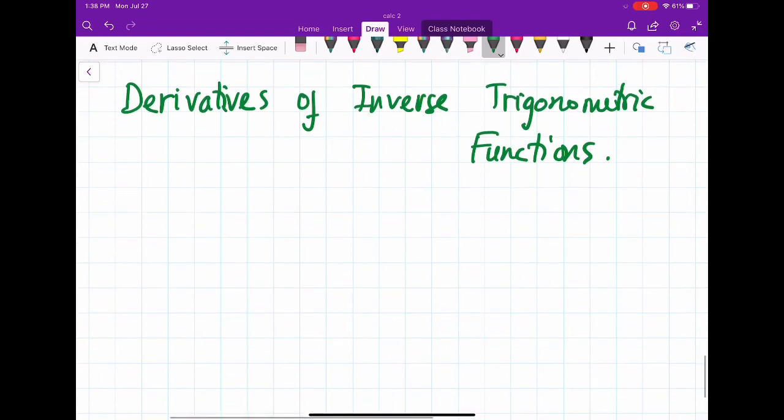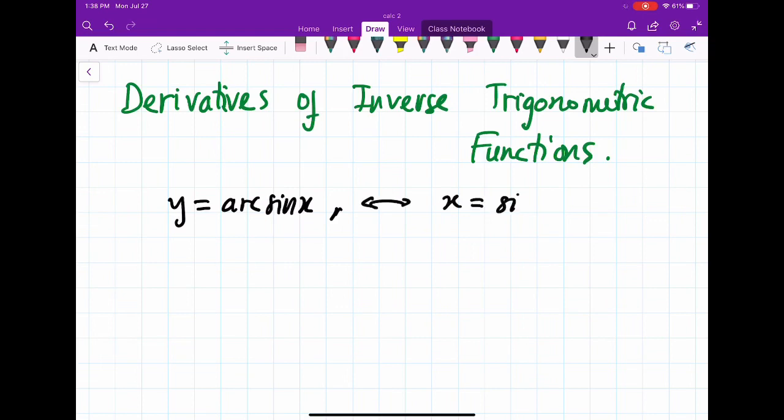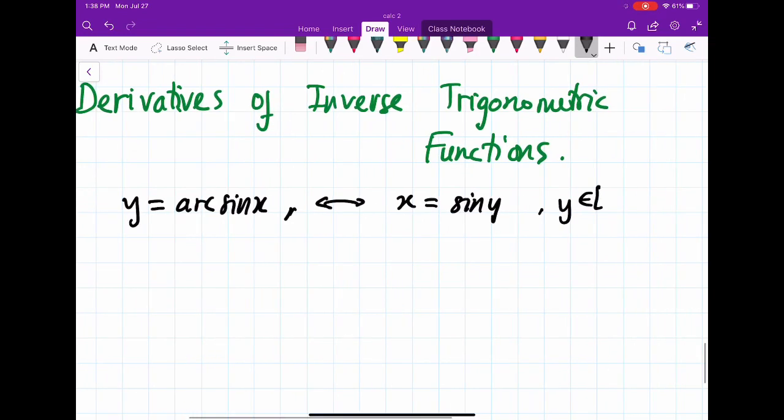All right, let's consider the function y equal to arc sine x, and this is equivalent to x equal to sine of y, right? Okay, and we know that y is between negative pi over 2 and pi over 2, and of course x is between negative 1 and 1.